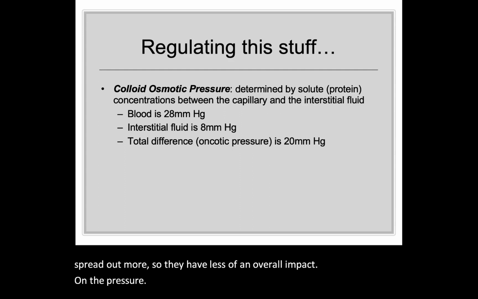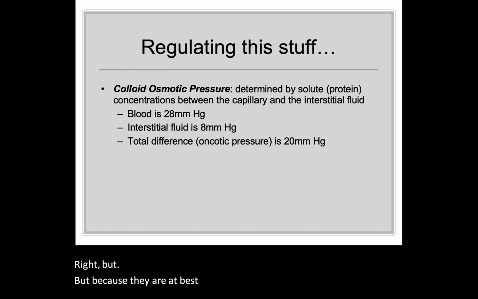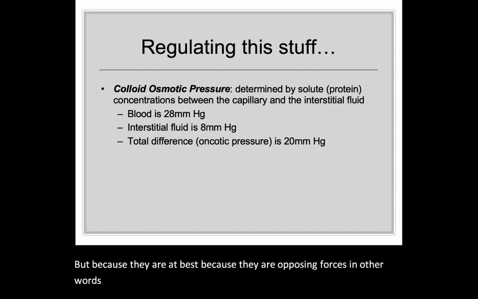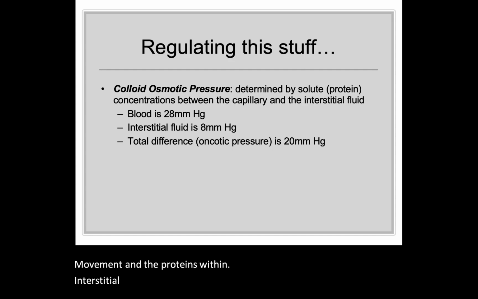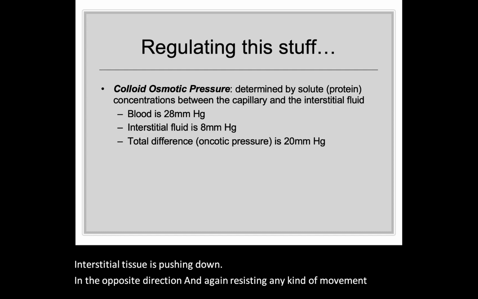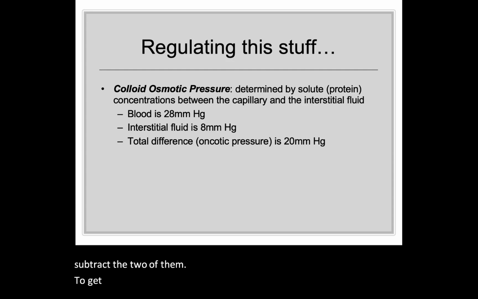But because they are opposing forces, in other words, the proteins in the blood are pressing one way and resisting movement, and the proteins within the interstitial tissue are pushing in the opposite direction, again resisting any kind of movement, you subtract the two of them to get the total difference in the colloid osmotic pressure.